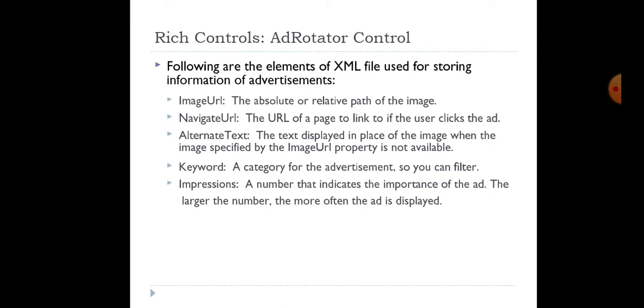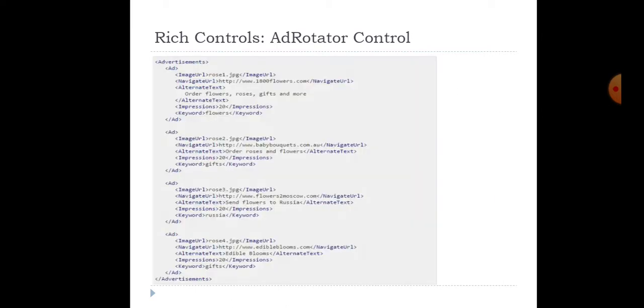That is the URL of a page to link to if the user clicks the ad. Next, AlternateText. Text displayed in place of the image. Keyword. It helps to filter our advertisements. Next, Impressions. It shows the importance of the ad. The larger the number, the more often the ad is displayed.